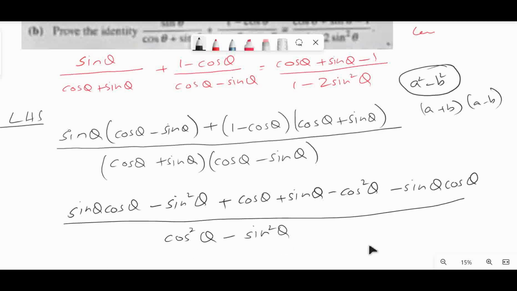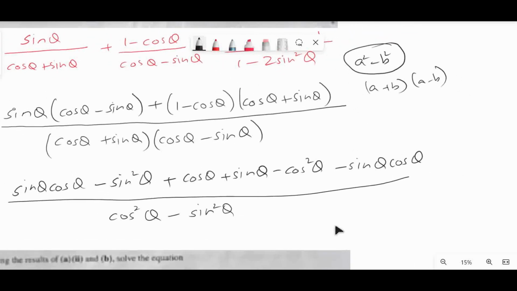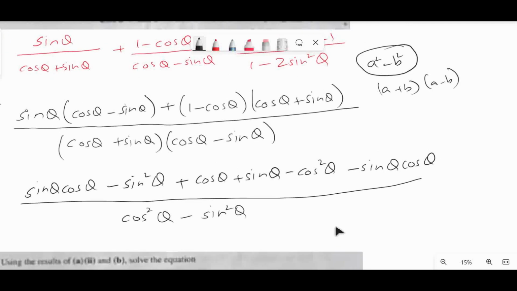Now we can simplify it further. First of all, we can cancel out these two, this one and this one.